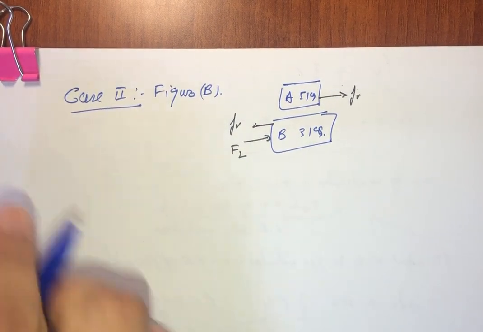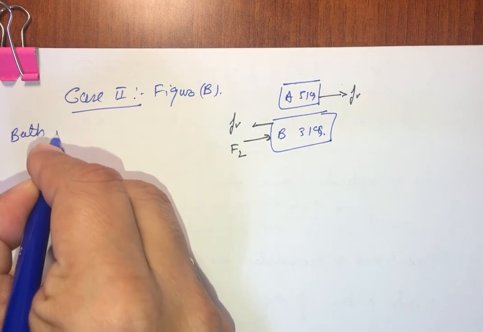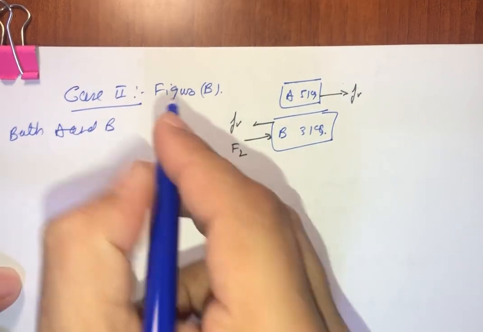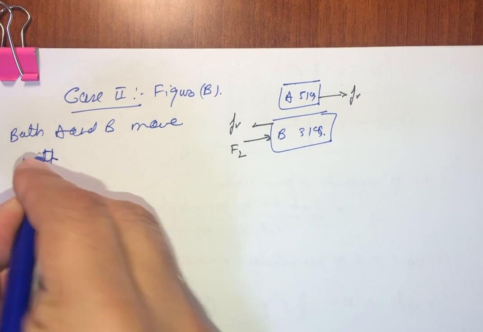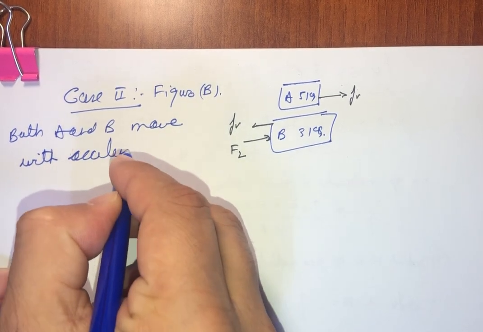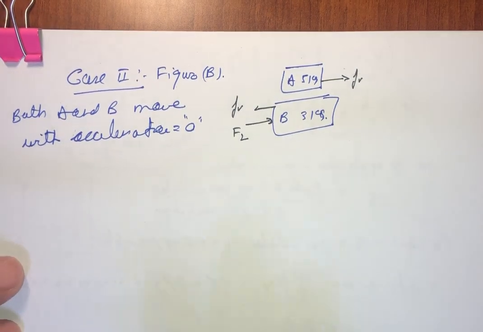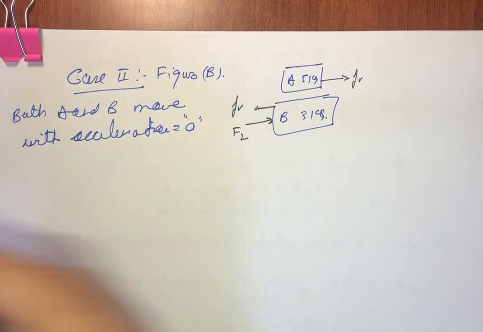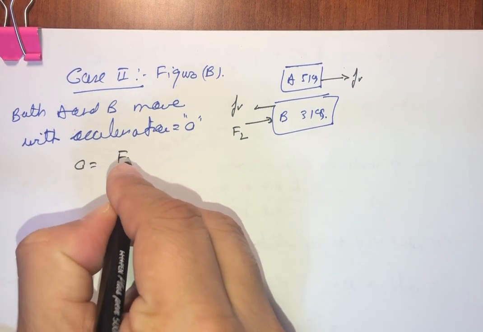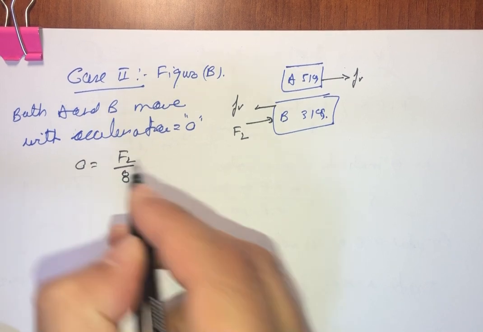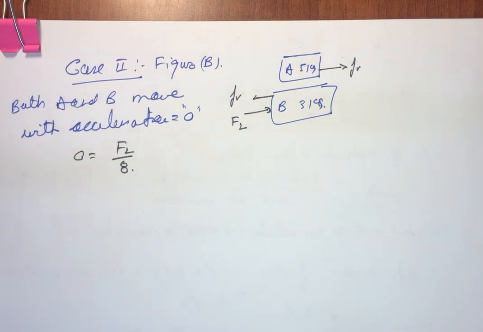As there is no relative motion, we assume that both A and B move with acceleration a. So once again a will be the same, a will be equal to F2 divided by 8.